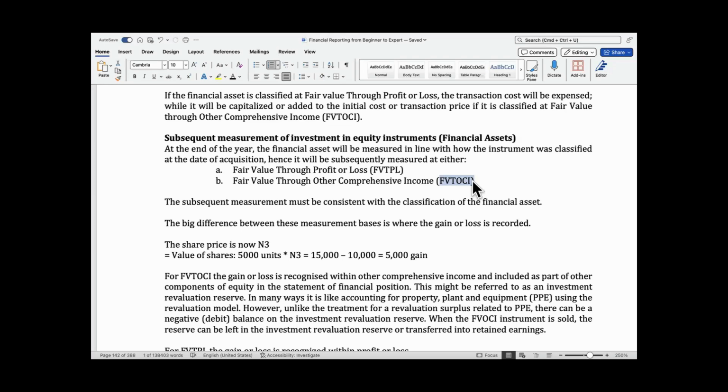No, no. Making a gain, your assets increase. It's very clear here now. Your asset was 10,000 before. Now it is 15,000. Is that an increase or a reduction? It's an increment. So you debit the financial asset and you credit P&L.